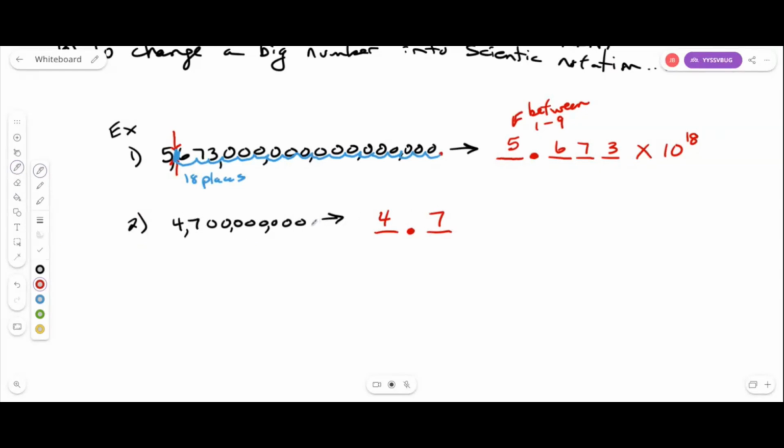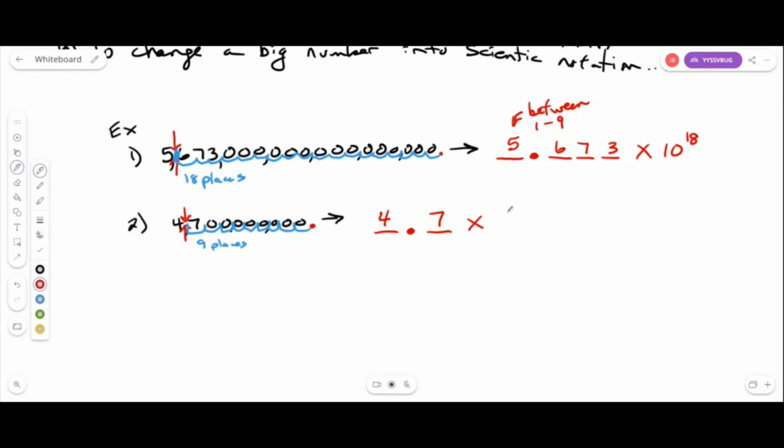So I'm going to take the decimal point that is right here, right now, and I'm going to move it to between the 4 and the 7. We're going to count how many places we move it to get there. So it went 1, 2, 3, 4, 5, 6, 7, 8, 9. 9 places.